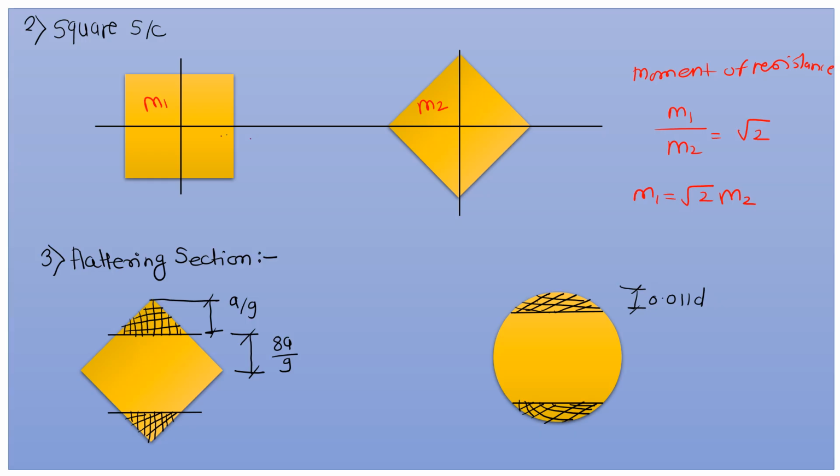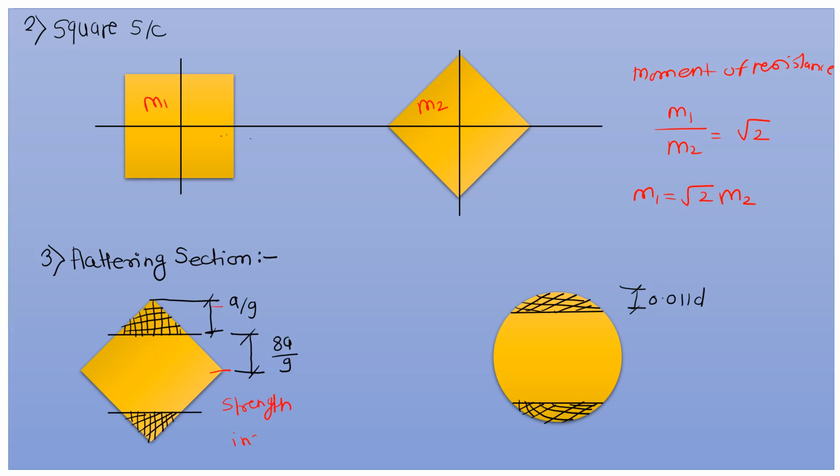From top to here the value is a, the cut portion is a by 9 and the remaining portion is 8a by 9. So this is the flattening section for the diamond, and by cutting this part from top and bottom, the strength is increased by 5.37%.